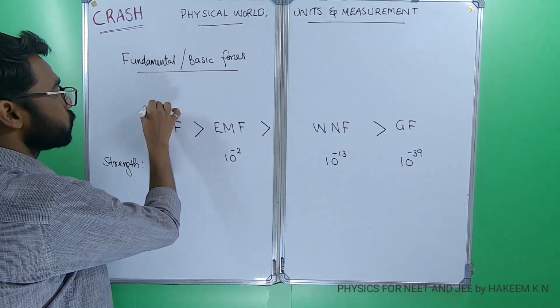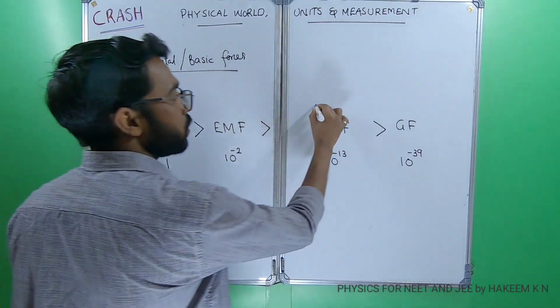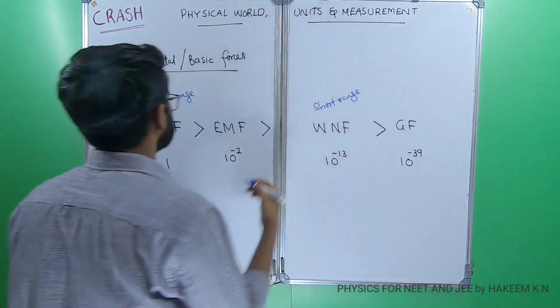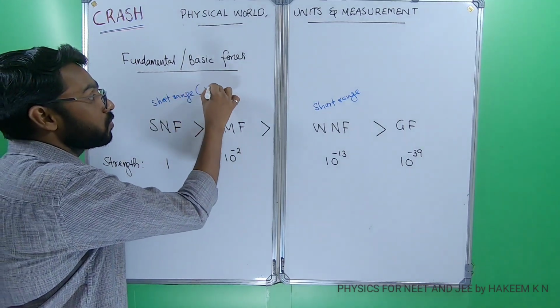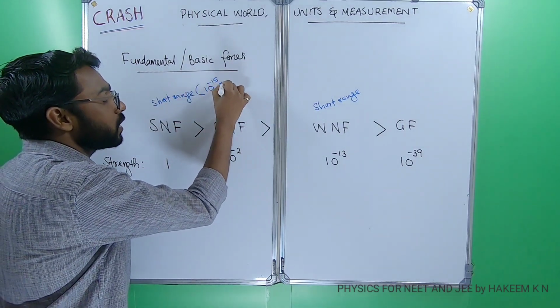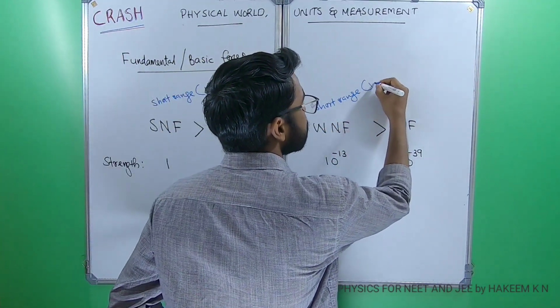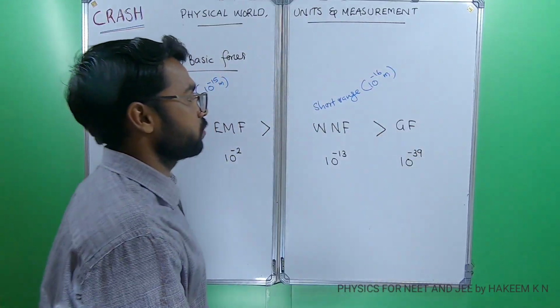We know that nuclear forces act inside the nucleus. So nuclear forces are short range forces. Strong nuclear forces have a range of 10 power minus 15 meter, and weak nuclear force has a range of 10 power minus 16 meter.